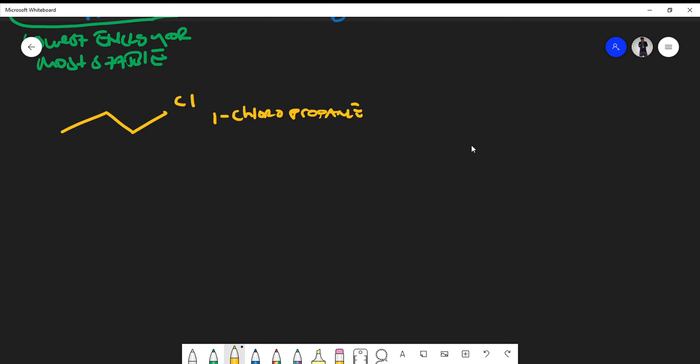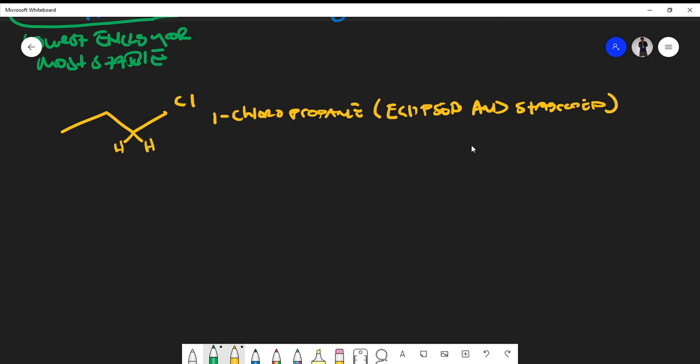Right? Now, with this one, we're doing both the eclipsed and the staggered conformations. Now, the first thing you do again is identify your front carbon, identify your back carbon. In this case, this will be my front carbon where I have two hydrogens.